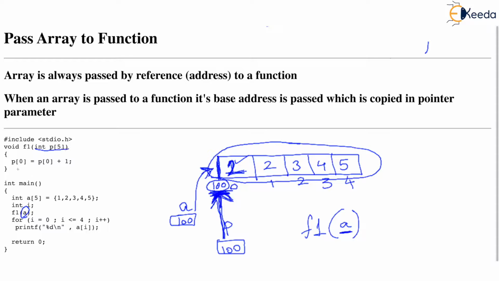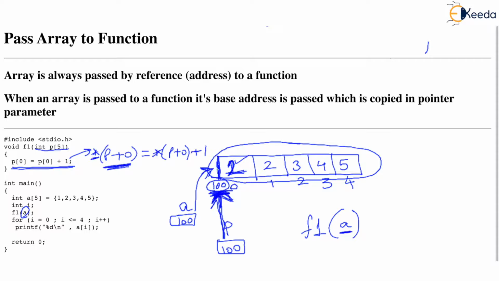Simple. And use array notations. This does not have pointer notation, but this line is literally taken as *(p + 0). So p + 0 is going to give us the address, and then the asterisk will give us the value, and that value was 1 over here. That value has to be increased by 1.